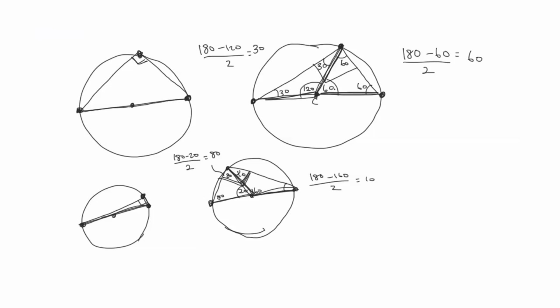I chose 60 and 20, but you can start really with 2 degrees or even 1 degree, and verify that this rule always checks out, and it should if you do it correctly. So again, the rule is if we have a circle and we have a diameter and a triangle's two vertices lie on either side of the diameter and the third vertex is somewhere along the circumference, then you have a right triangle.